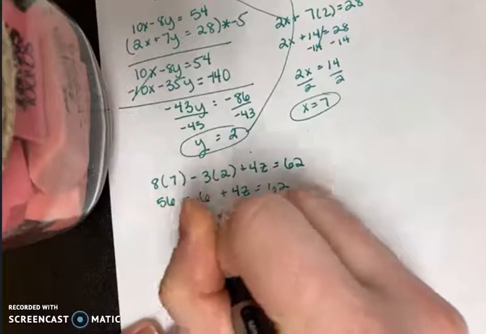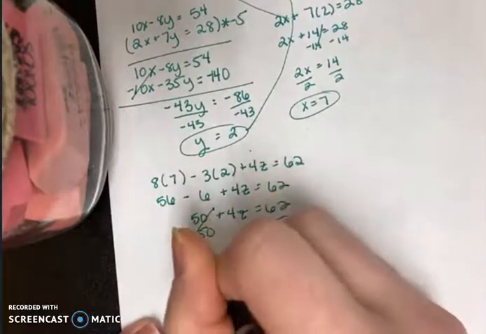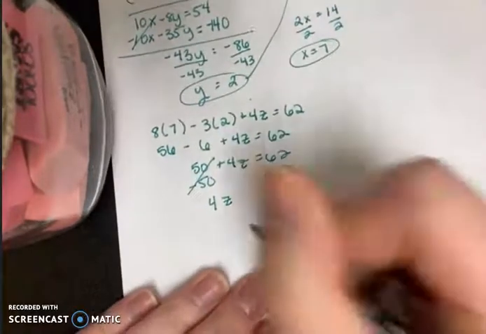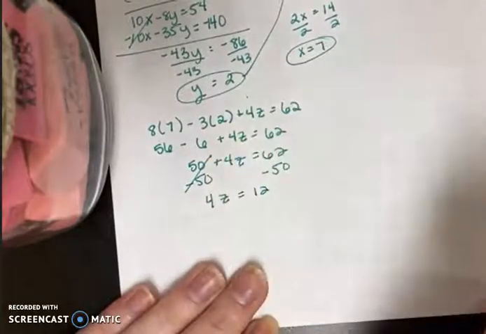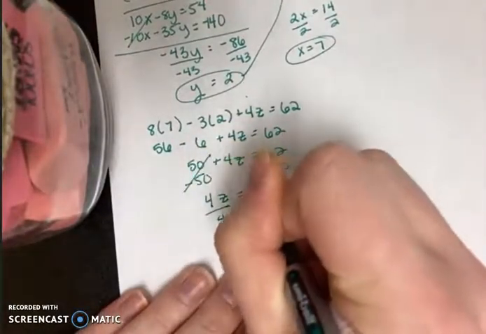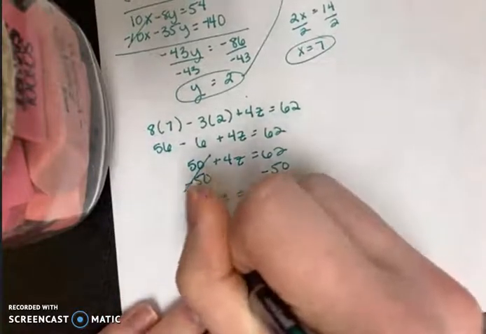So I'm going to subtract that 50 from each side, leaving me with 4z equals 12. Divide each side by 4. Z equals 3.